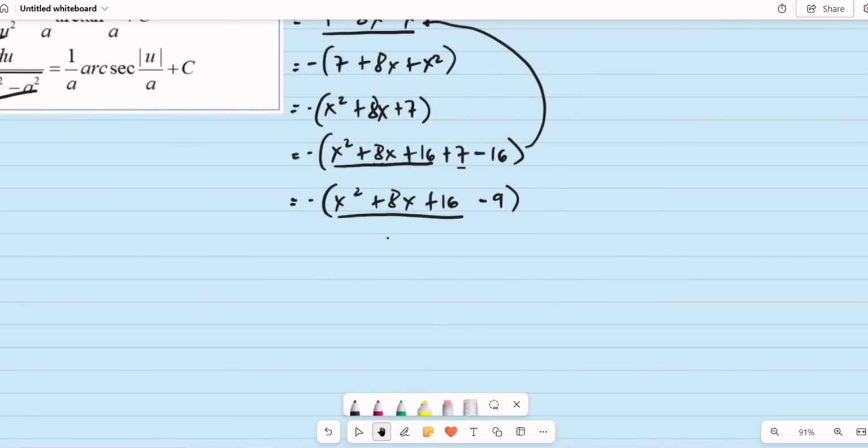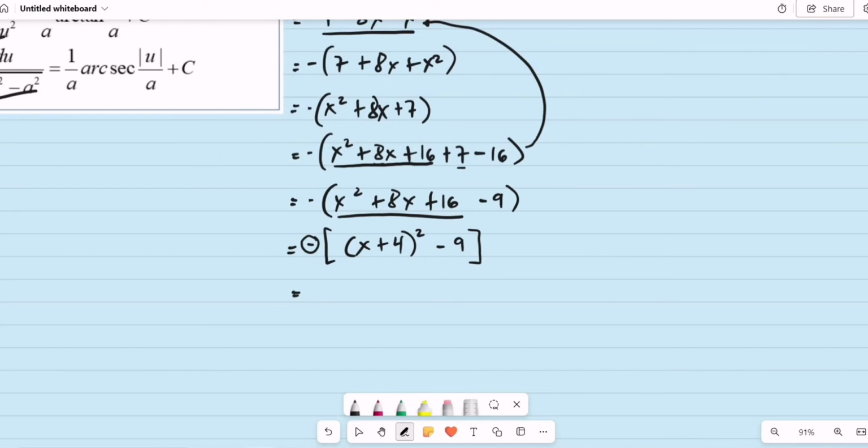Then we factor. So this is now equal to, again, the negative. What is the equivalent factor of x squared plus 8x plus 16? That is the same as the quantity x plus 4 squared, then minus 9. So again, x plus 4 quantity squared is the same as x squared plus 8x plus 16. That is the purpose of completing the square. We may distribute the negative sign.